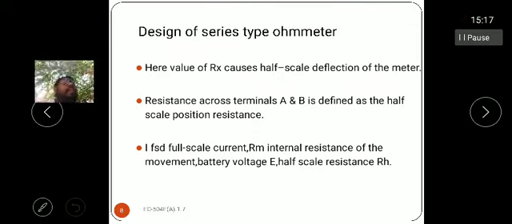Here the full scale current is IFSD, and Rm is the internal resistance of the movement. The battery voltage is E, and the half-scale resistance is RH. RH is the half-scale deflection resistance.